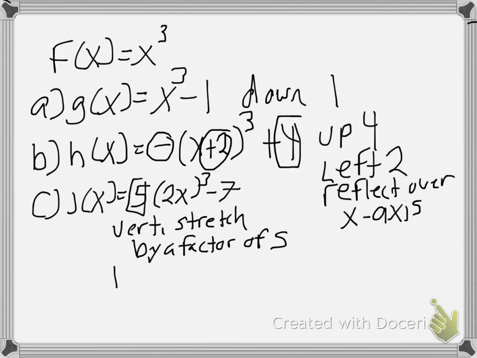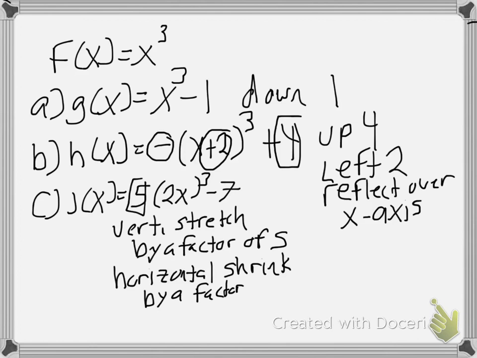So that is a horizontal shrink by a factor of 2. So in other words, you're shrinking it in half. Okay? And then last but not least, we have down 7. Okay? So that's number 1 on your examples.